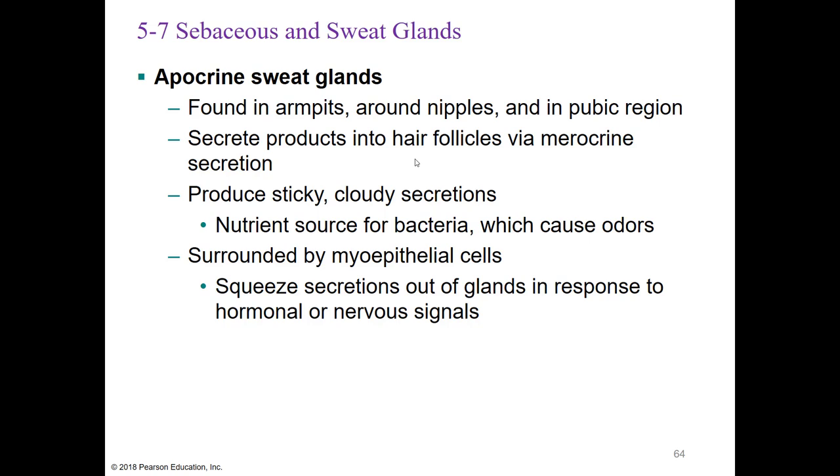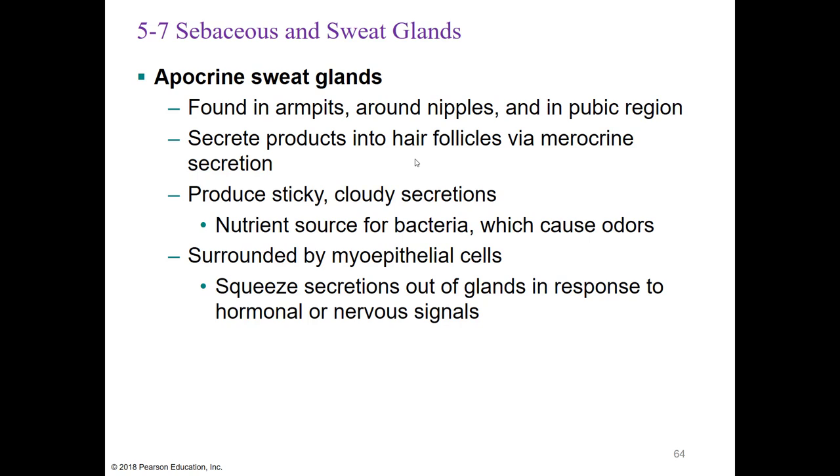Merocrine is when we secrete something from a cell by way of exocytosis. Apocrine is when we secrete a product with a pinch of cytoplasm. So it was first believed that these sweat glands were apocrine, but we now know that they're not actually true apocrine sweat glands, but the name stuck. So they're called apocrine sweat glands, but they secrete by way of merocrine secretion.